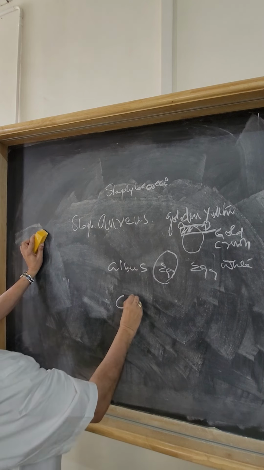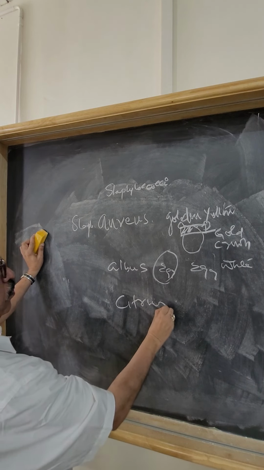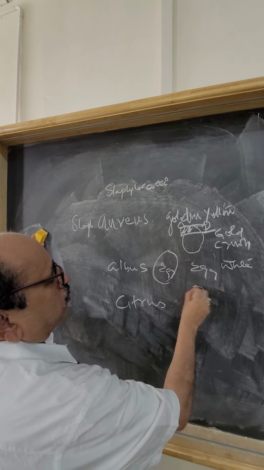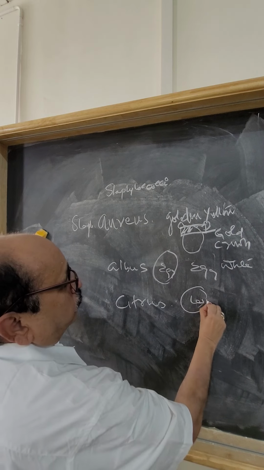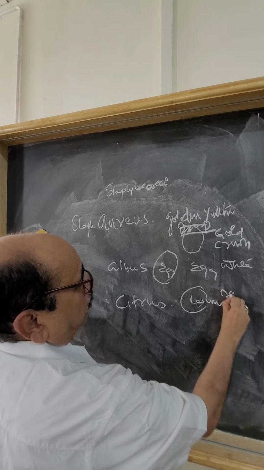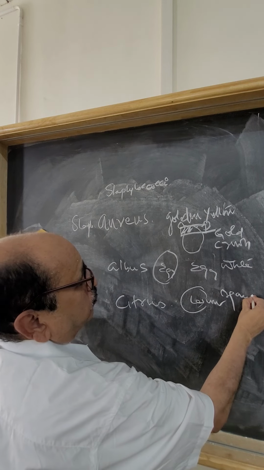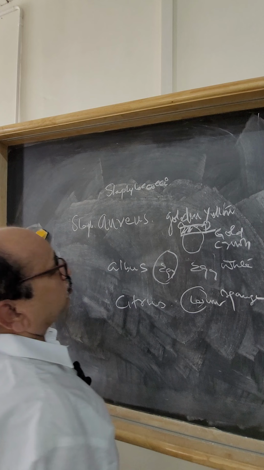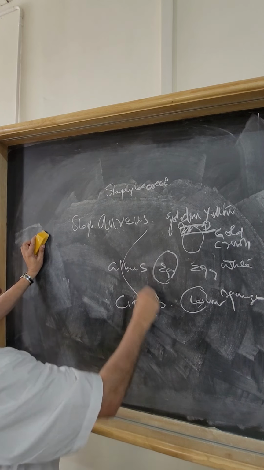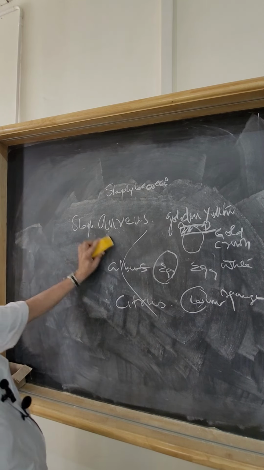And citrus, lemon. Well, they look orange, citrus fruit. They are classified into aureus, albus, and citrus.